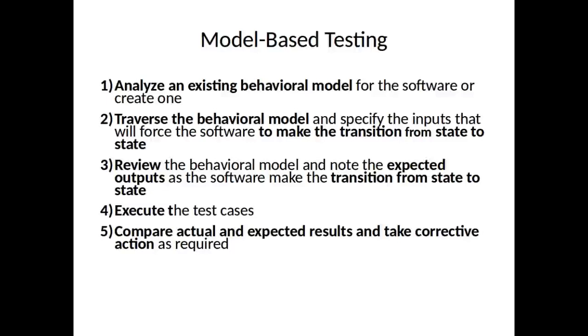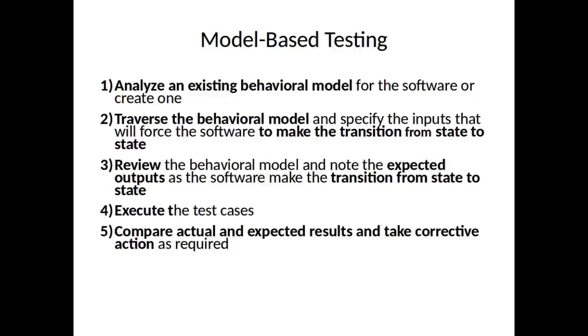Third step, review the behavioral model and note the expected outputs as the software makes the transition from state to state. Recall that each state transition is triggered by an event and that as a consequence of the transition, some function is invoked and outputs are created. Fourth step is execute the test cases.